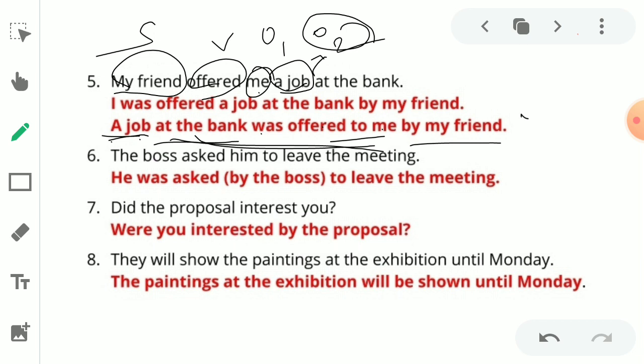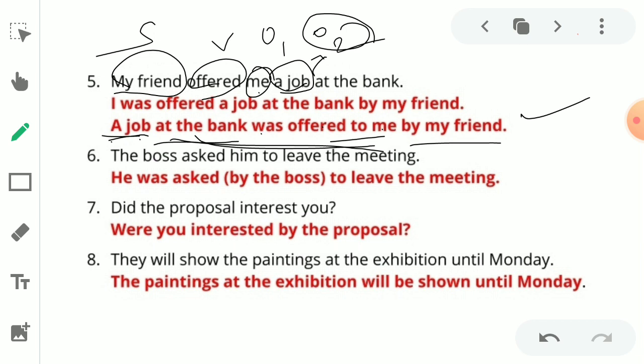So this is the way you can also write this statement. There is no problem in meaning. Or you can write: a job at the bank was offered to me by my friend. So there are three ways to write this. Which one is suitable? In my opinion, you have to follow: a job was offered to me at the bank by my friend. That is the authentic one.